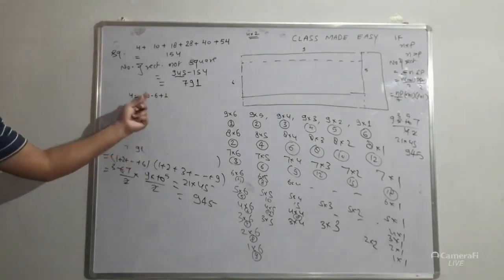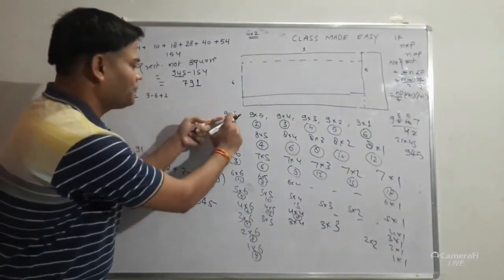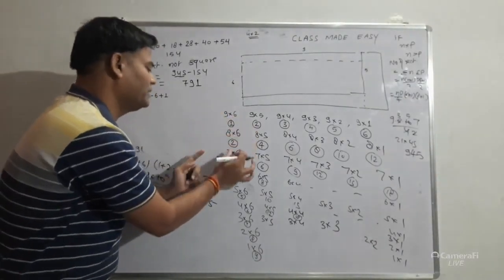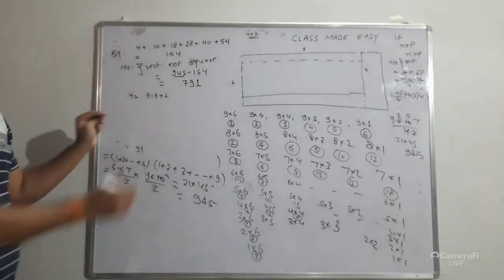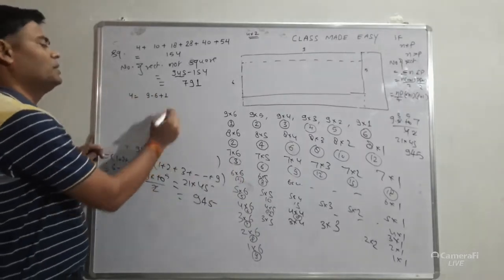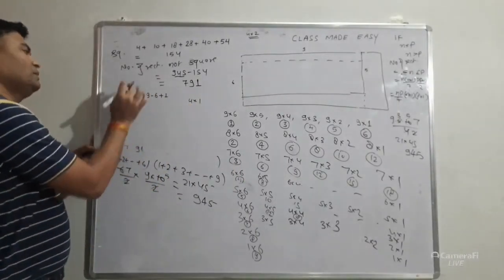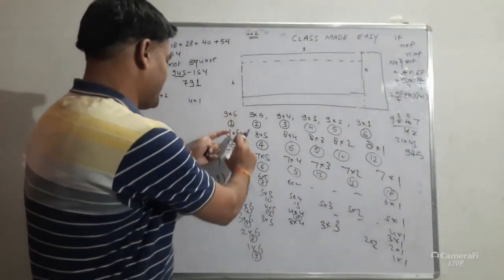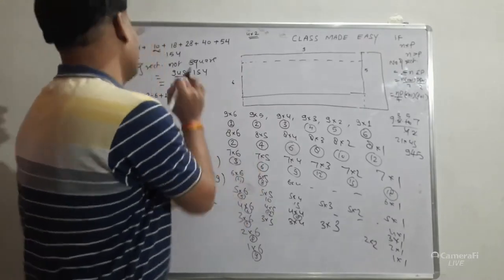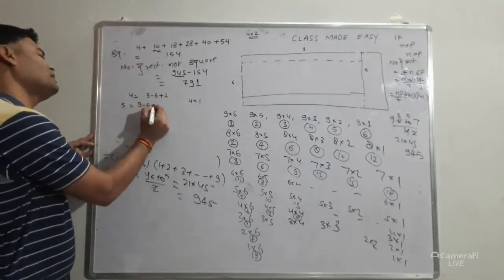We have the size 9 and 6. 9 minus 6 is 3, plus 1, it is 4. See, first line, second line, third line, and fourth line. 9 minus 6 plus 1, fourth line and first term, so it is 4 into 1. Fifth line: the second element we are getting from the fifth line. See, first, second, third, fourth, fifth line, second element. So the fifth line means 9 minus 6 plus 2.